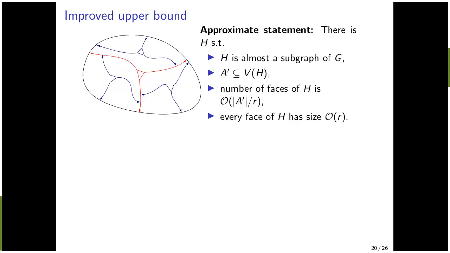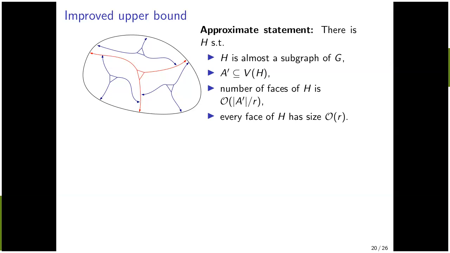And here, now we will actually build the family of guarding sets. The idea is the following: we'll build a graph H such that H is almost a subgraph of G. There are some edges that are missing, but this is a technical detail. What I call A prime is the vertex set of the outer face.